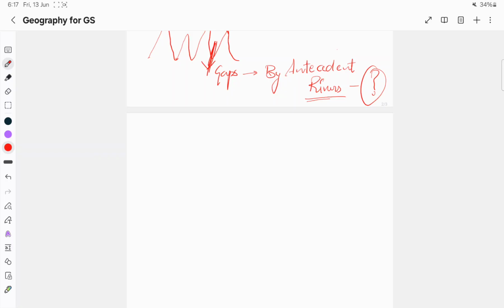Distributaries, as you can correlate with the name, are nothing but when the main river gets divided into different rivers. That's it. So the Brahmaputra and Indus rivers are examples of antecedent rivers.